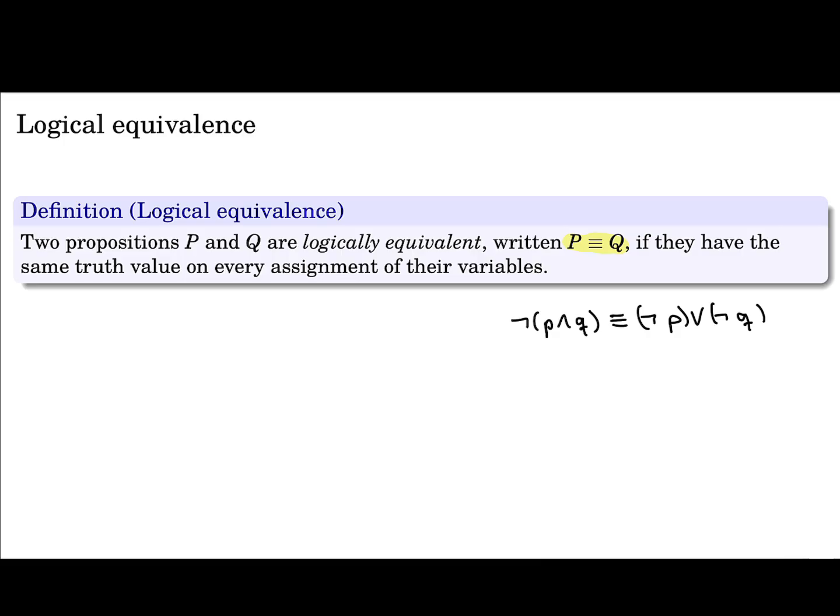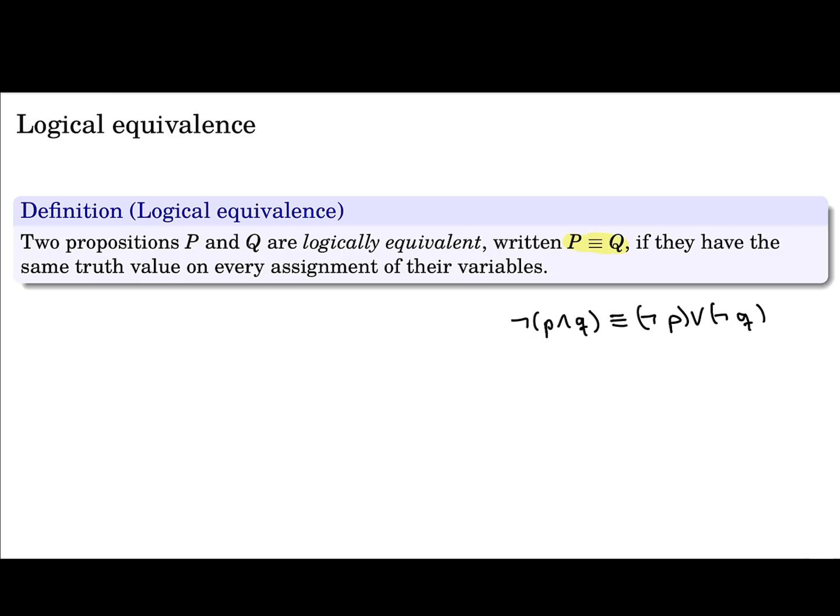You can show that for all possibilities of P and Q, the statement on the left will be true only when the one on the right is true, and false only when the one on the right is false, which is essentially saying that even though the statements might look different, from a logic point of view they are the same, right?